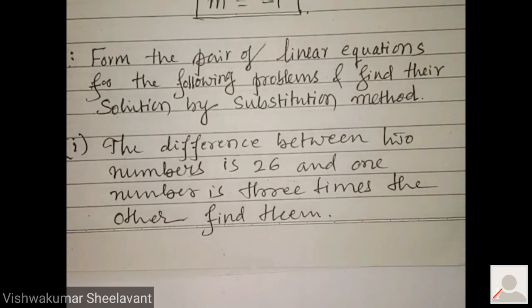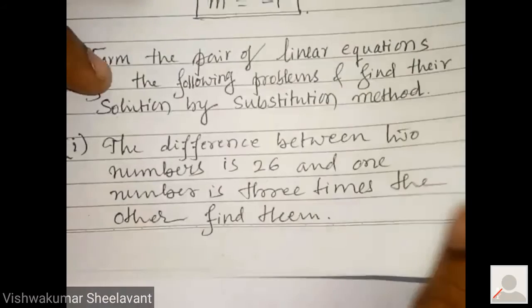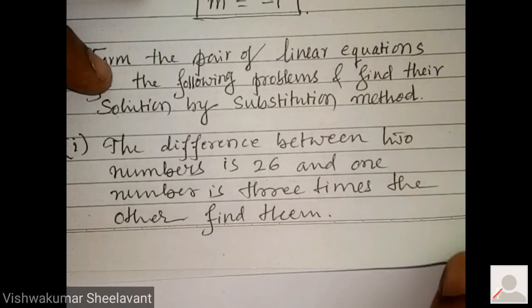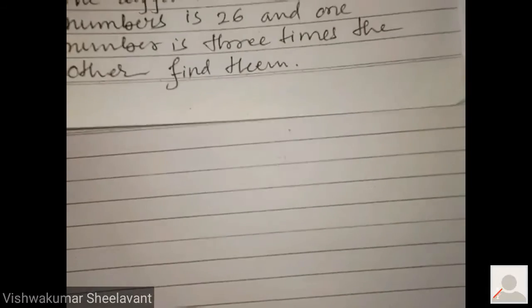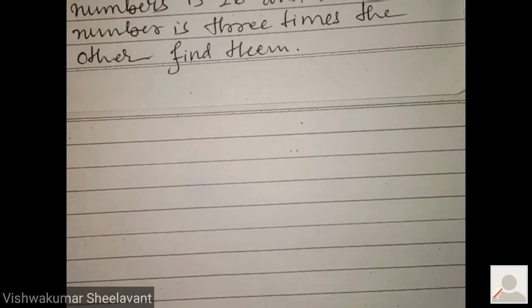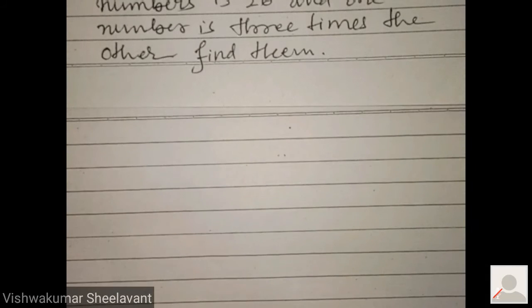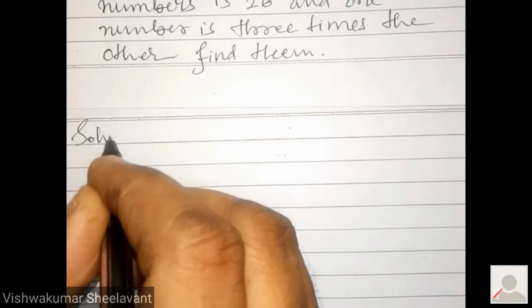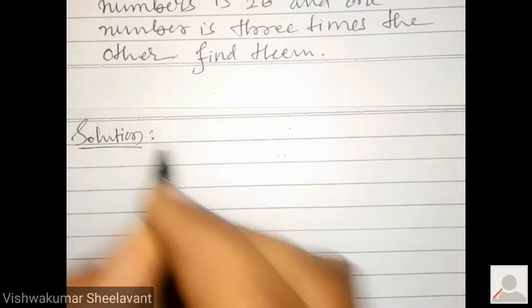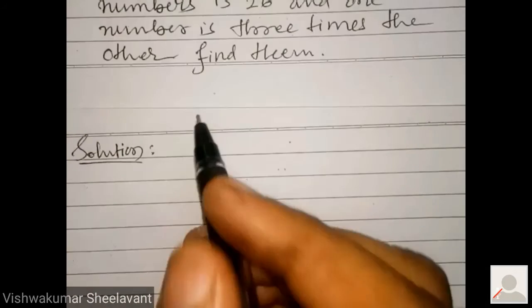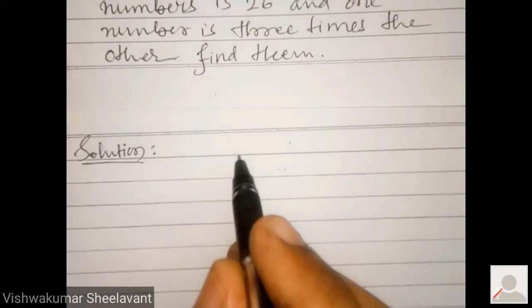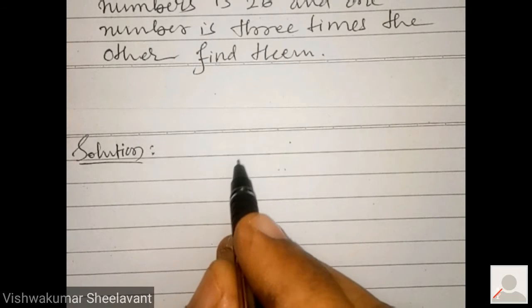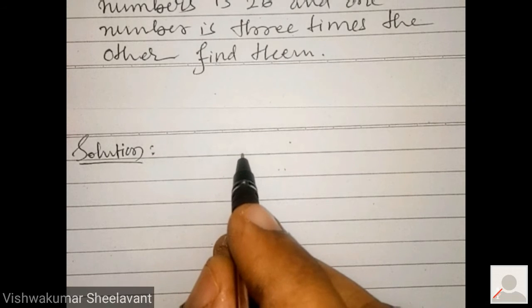Find them. Solution. They told there are two numbers. Difference between them is 26 and one number is 3 times the other number.